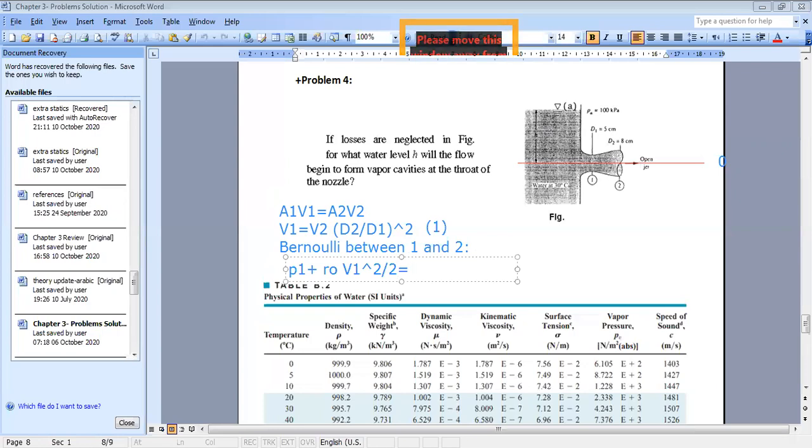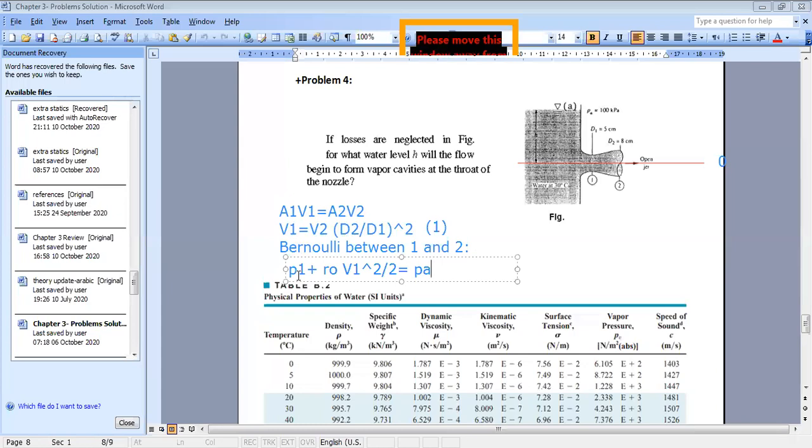So if you want to work in here, let us work in absolute pressure. You know why? Because in the tables they gave you, the vapor pressure is given not in gauge, in absolute. So I want to find the value of P1 in absolute pressure. Or if you want, you can find it first in gauge, then add the atmospheric pressure. So it's up to you.